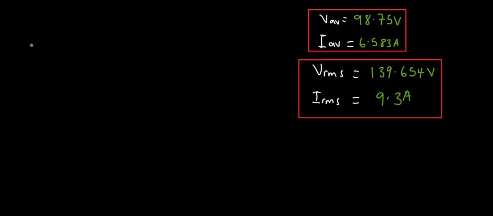So the next thing we are going to do is to find the efficiency of the chopper. So the efficiency is P out over P in.